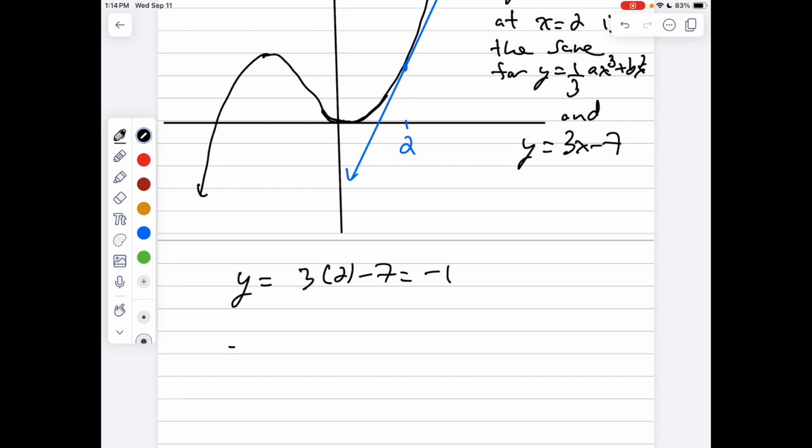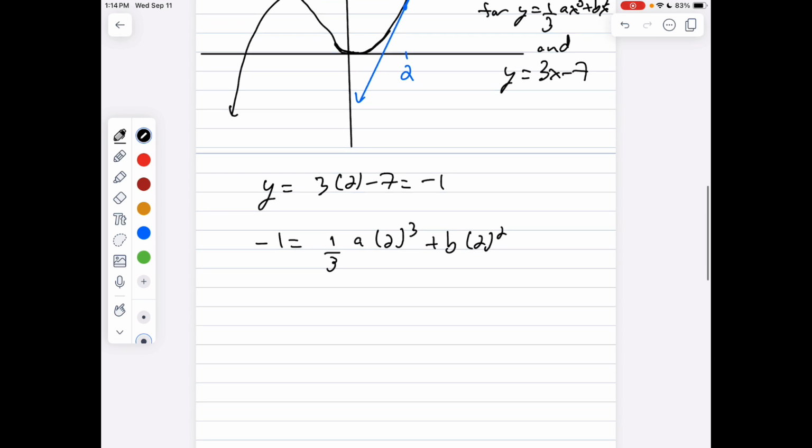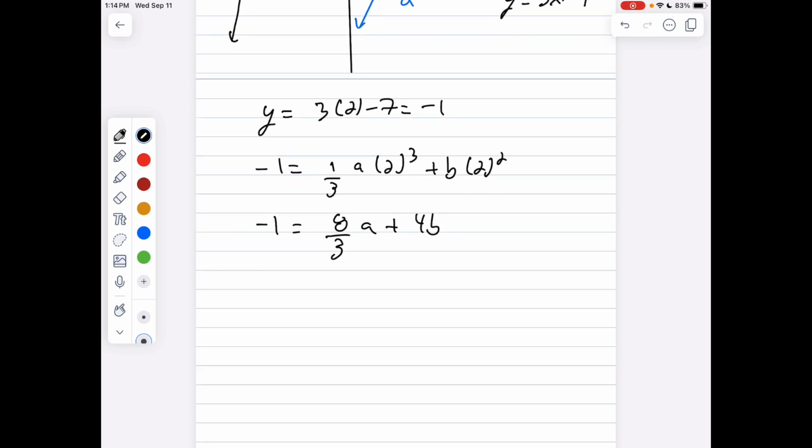So you have minus 1 equals 1/3 a times 2 to the third plus b times 2 squared. Okay? And you get minus 1 equals 8/3 a plus 4b.